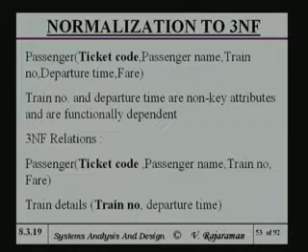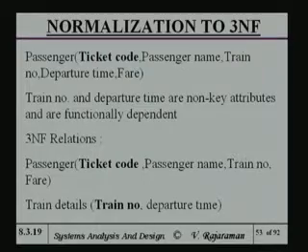That is, when a passenger cancels his ticket, some required data may be lost accidentally. That's what we showed could happen in a previous example. Okay, here also the same thing. So if I put train number and departure time in a separate relation, there is no possibility of losing that data. That is the advantage.